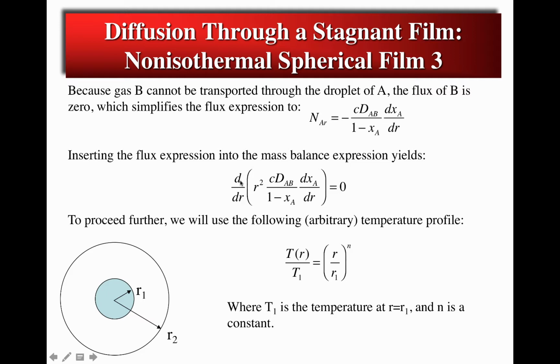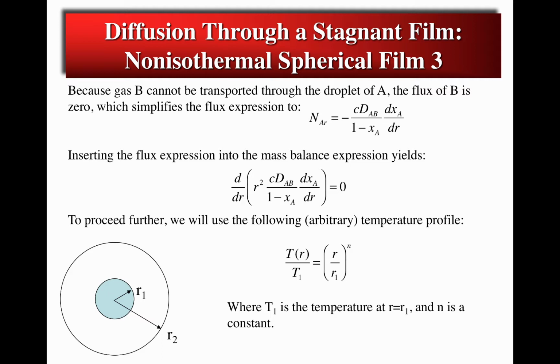We have the shell mass balance that we can insert that expression into, and I promised that we would let the temperature vary radially, and I'll do that without getting too much into a heat transfer course. I'm just going to assume an arbitrary profile for the temperature in the radial direction.